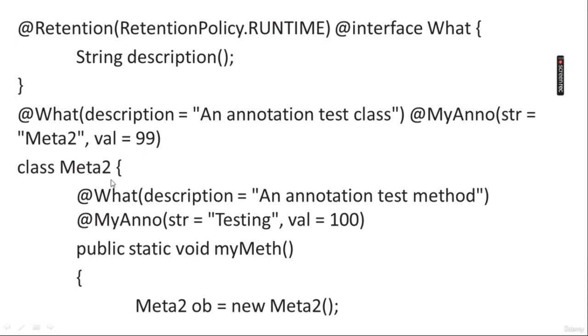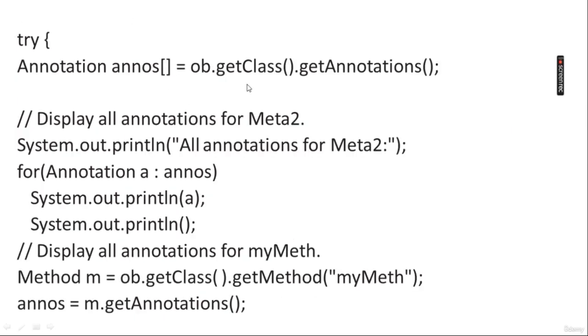Now in class Meta2, we have the description and AnnotationTestMethod. This has one method called myMethod, with string equal to testing and value equal to 100. Now we will create the object of this class Meta2 and get the class object using the getClass method.